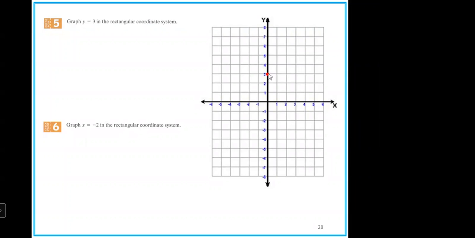Vertical means going up and down. Horizontal, it's going to be going this way, okay? So it's going to pass through the y-axis at 3, and if it passes through the y-axis at 3, then that's going to be a horizontal line.